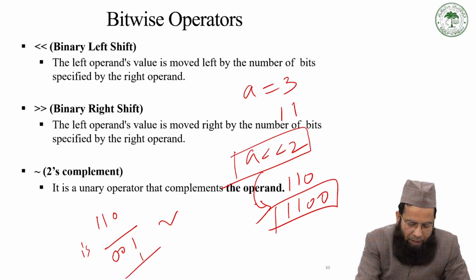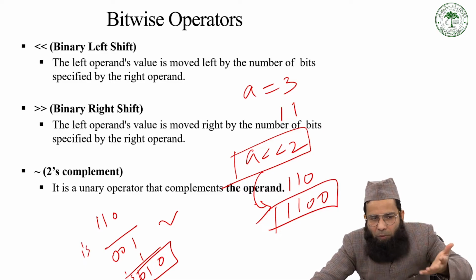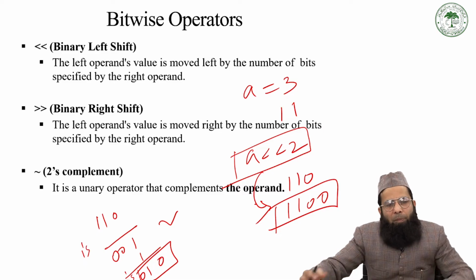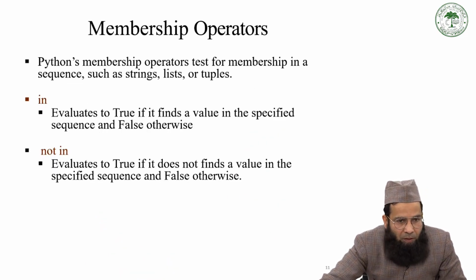Then 1 would be added. So this would be in two's complement. You need not bother, because all of this will be performed by the Python operator. These operators will perform all the calculation.